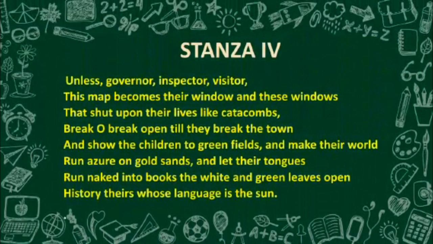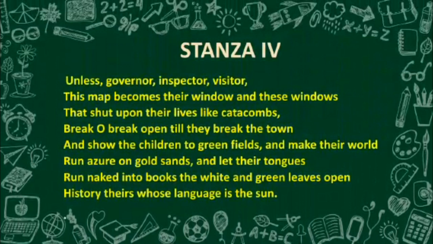The poet makes an appeal to all the so-called caretakers of the society who have the responsibilities of improving the conditions of such people. The poet addresses the governor, inspector, visitor.